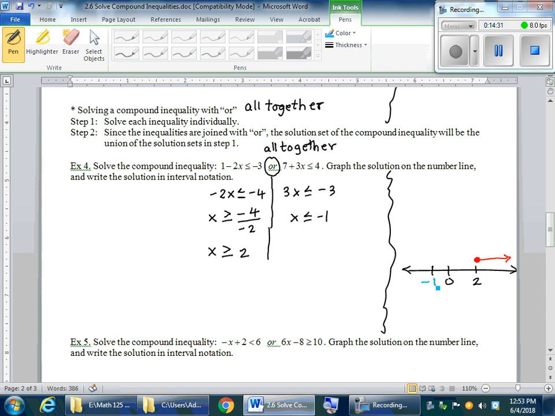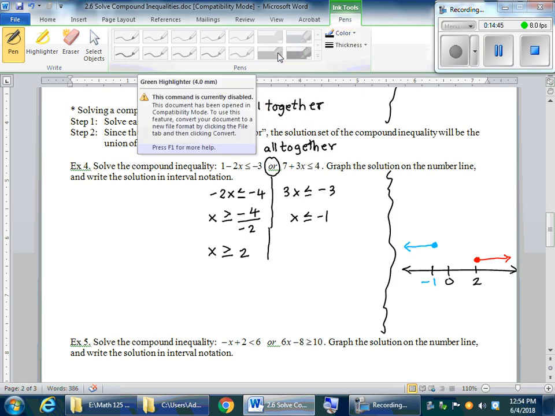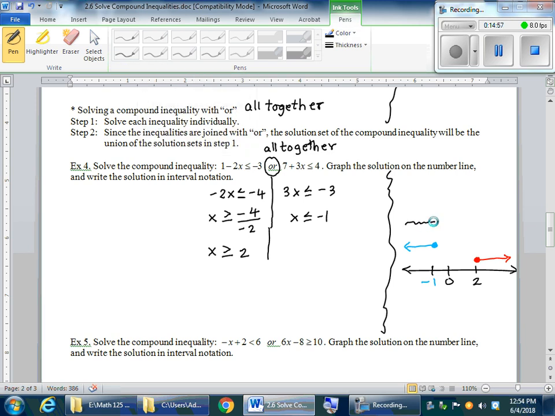So here's -1, and less than or equal to, so it will be a closed circle again, going to the left-hand side. But this time, we are looking for what? The compound inequality with OR. That means the solution must be together, all together from the first part of the inequality and the second part. So our solution will be this portion and this portion all together.